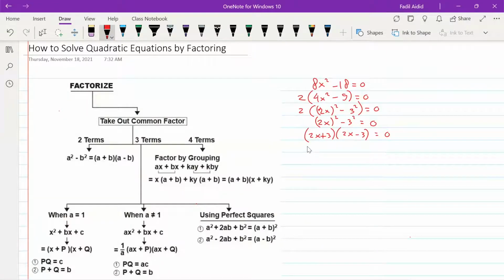Make each bracket equal to 0 and then solve for x. 2x equals -3. Divided by 2 both sides, so x equals -3/2. Or this one, 2x equals 3. Divided by 2 both sides, so x equals 3/2.